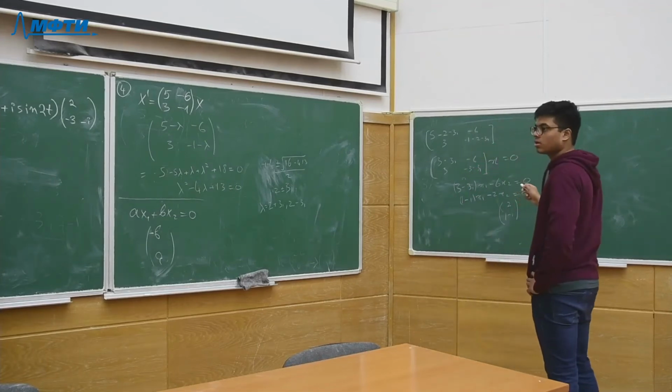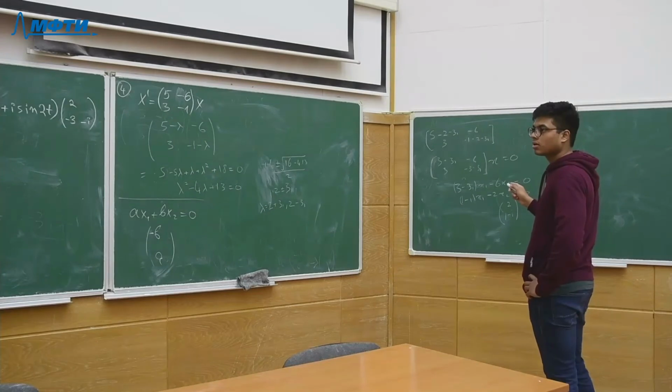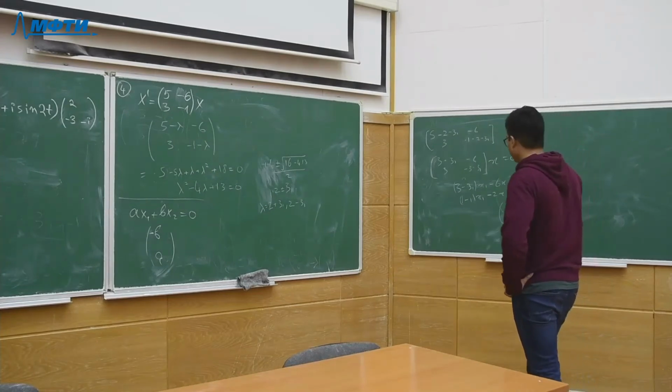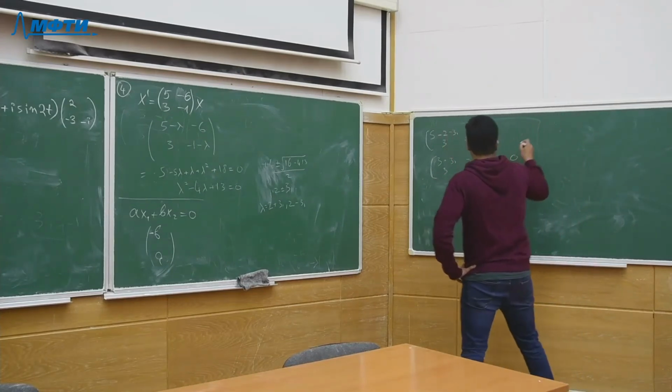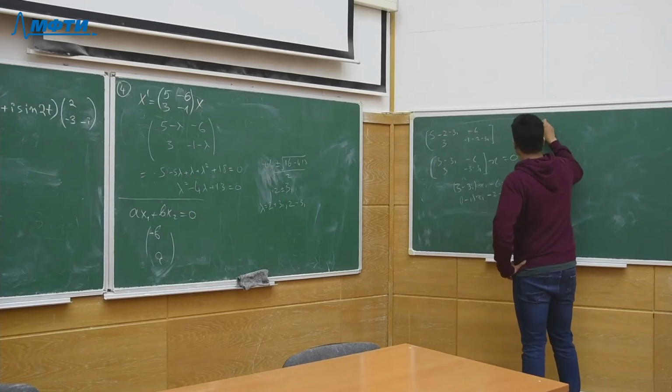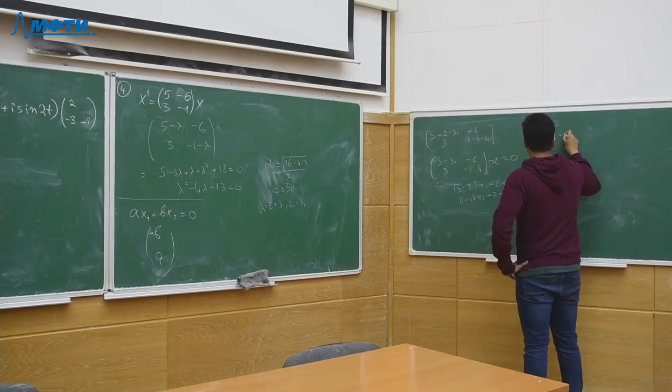And next, you should multiply. You should do something like this. e raised to the power lambda t multiplied by this eigenvector, 2, 1 minus i.